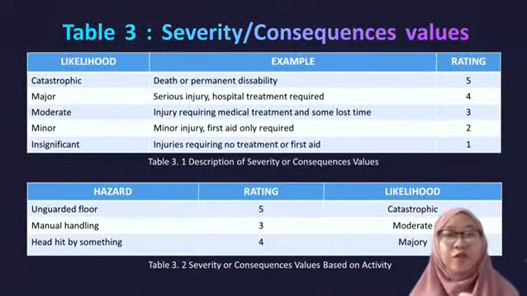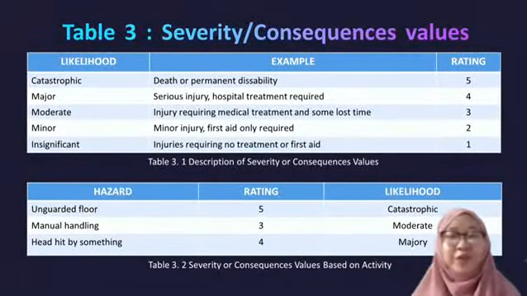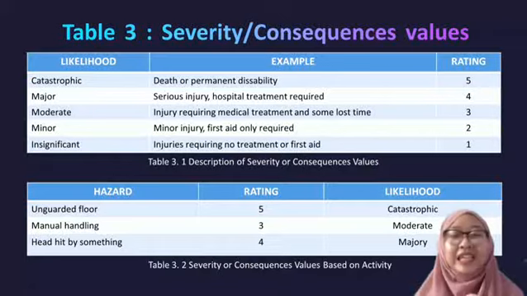Next, table 3, severity or consequences values. Same as the previous slide, there are 5 ratings. The highest is catastrophic and the lowest is insignificant. Let's take a look at table 3.2. Unguarded floor, the rating is 5 or catastrophic.